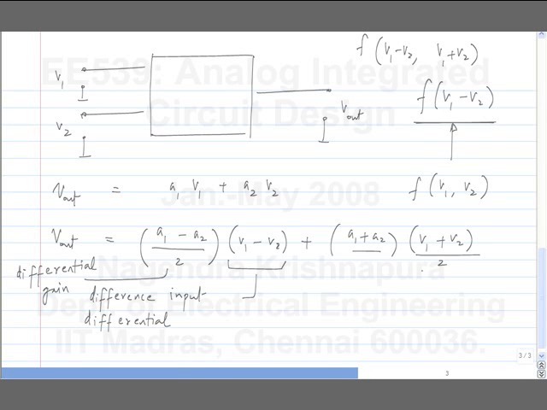So this is known as the common mode input, and this is the common mode gain. Okay. We have two input voltages V1 and V2. They can equivalently be represented by two different inputs which are dependent on V1 and V2.